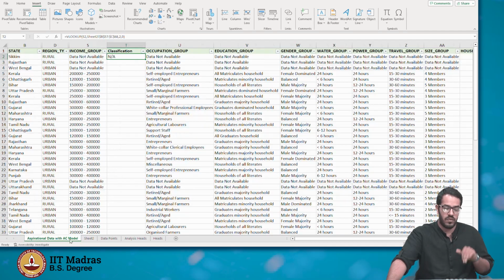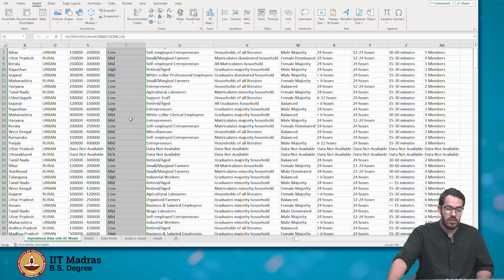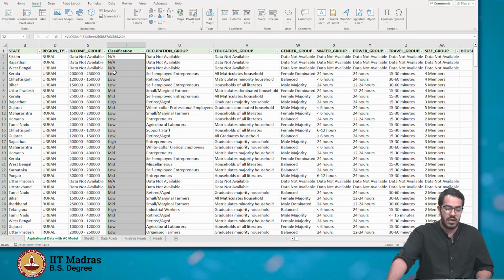It won't move as and when it goes down, right? And now I double click all of this, I autofill this, and now we can see that 2 lakhs to 2.5 lakhs is low, 1.5 to 2 lakhs is also low, 5 to 6 it's showing high, 2.5 to 3, as we mentioned there in that table, it's medium and medium.